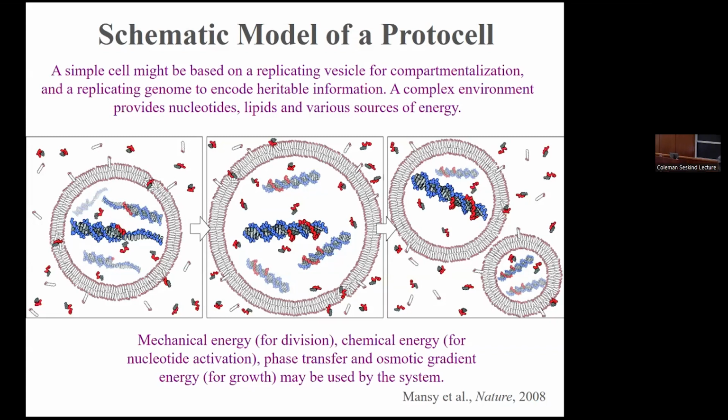The puzzles that have absorbed us for the last 20 years are how does the membrane grow, and how do you get division without any evolved biological machinery? And that turned out to be actually pretty easy. There are lots of ways that can happen spontaneously.